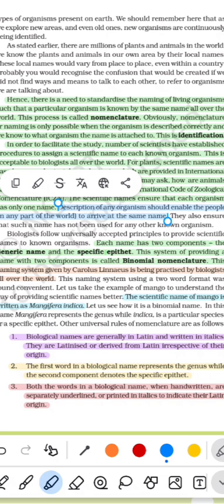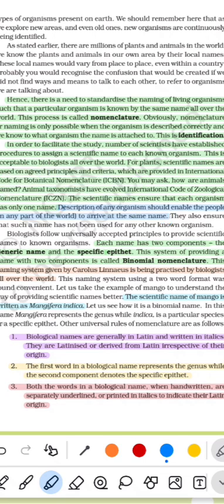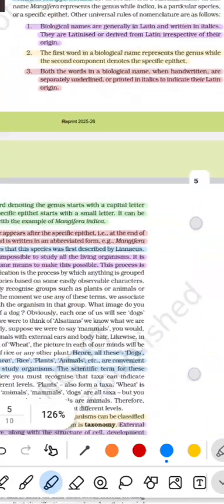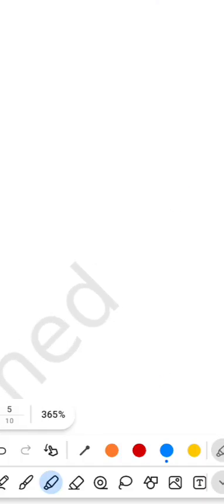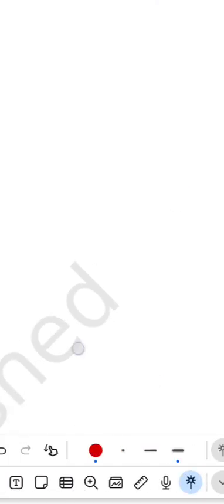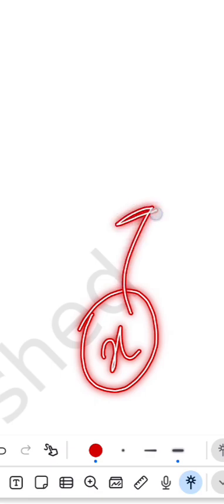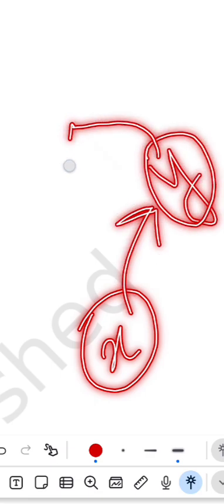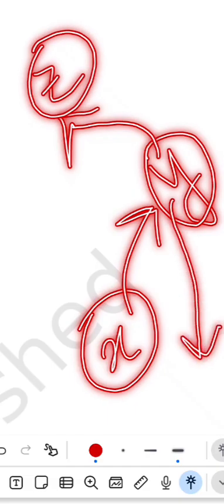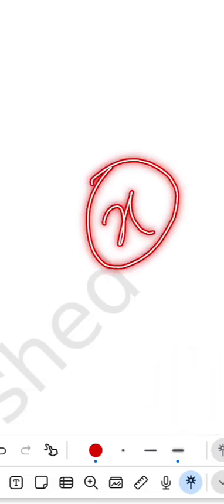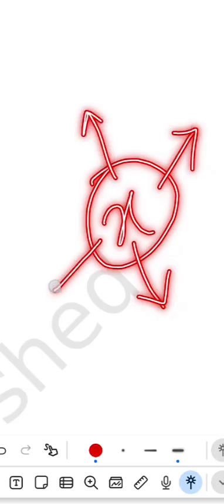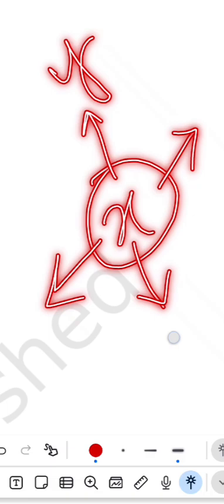What is the importance of nomenclature? Suppose I have discovered and described an animal X, and other scientists name it Y, another names it Z, and others call it Z1. The name of one animal is spread out and it gets many different names.